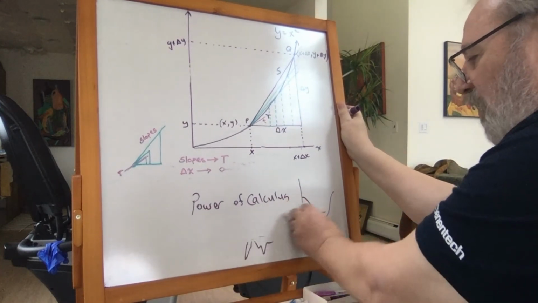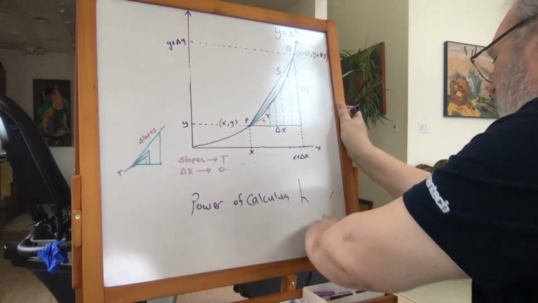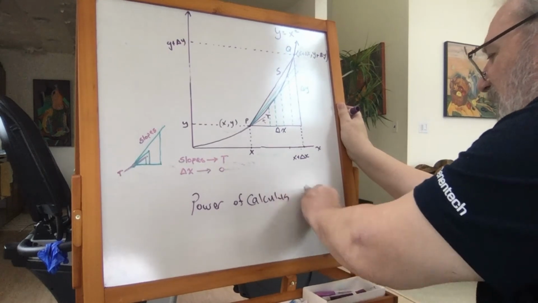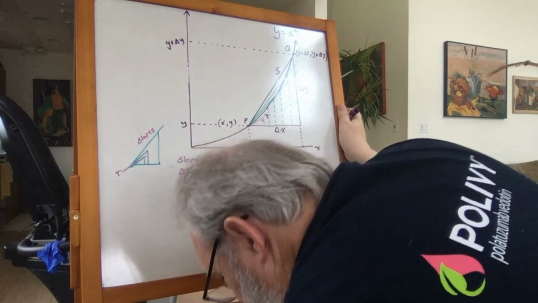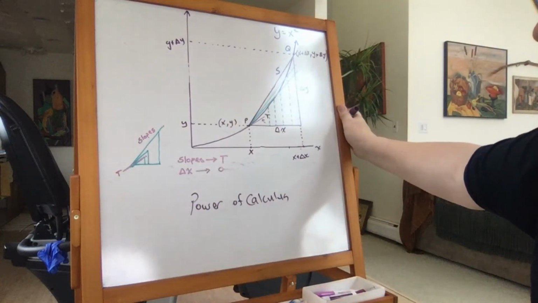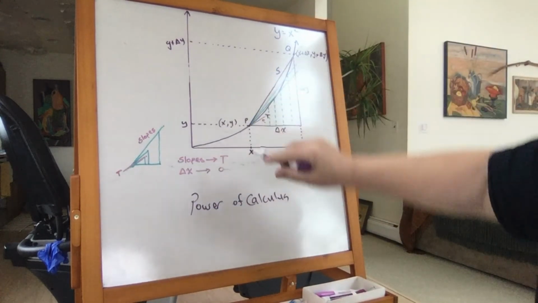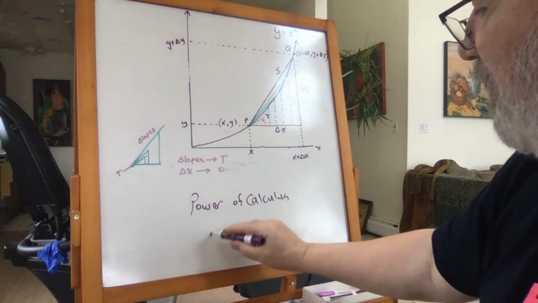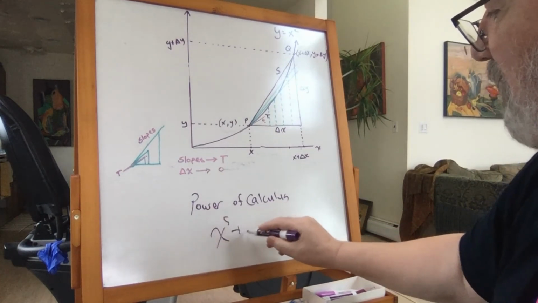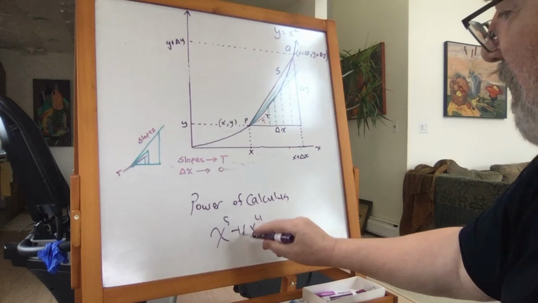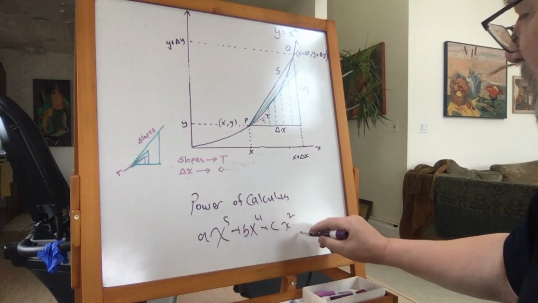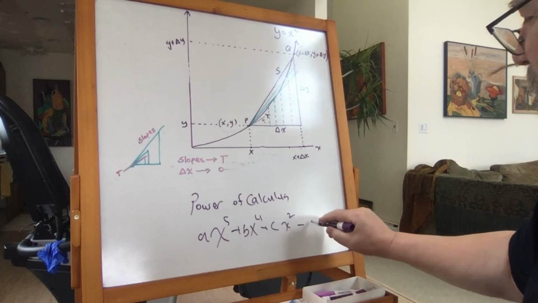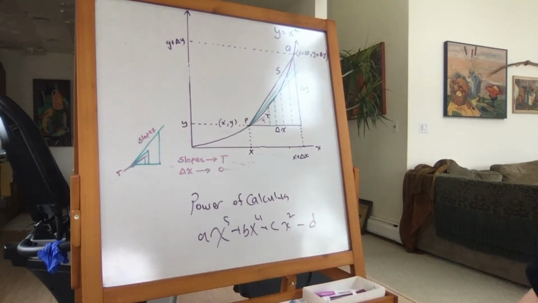So calculus derivatives allow us to understand that. We're going to look at the power of calculus to help us plot big functions like x to the fifth plus x to the fourth, b, a plus c, x to the, let's say, second power minus d, something like that. That's a complicated function.